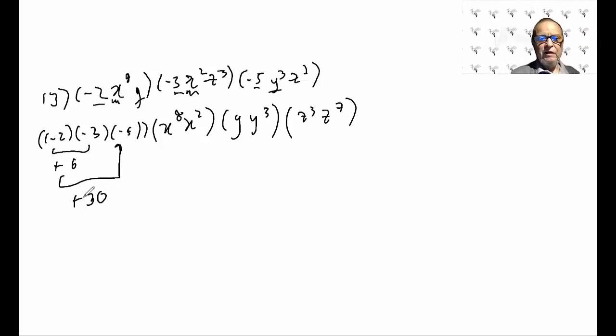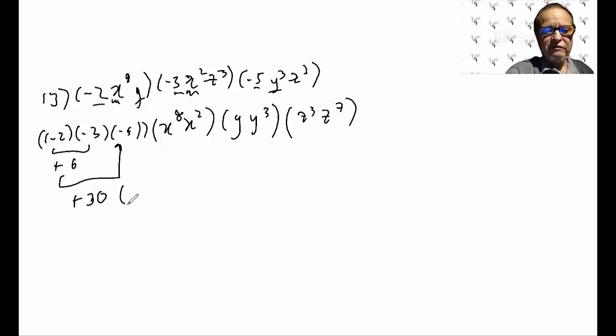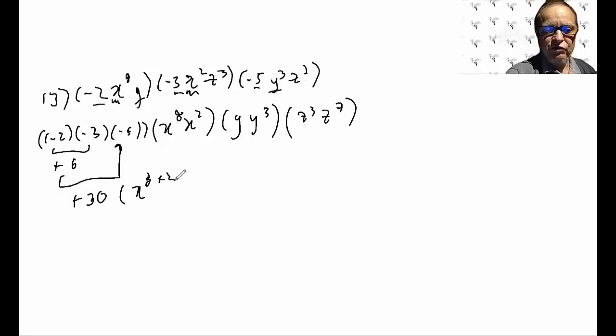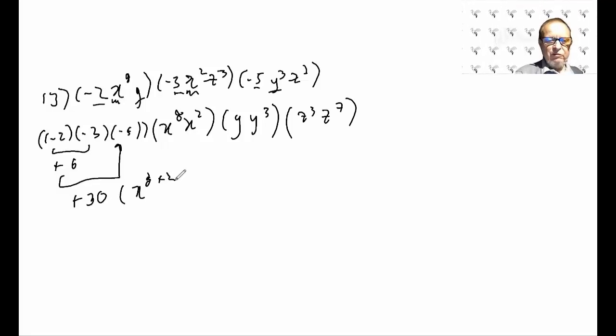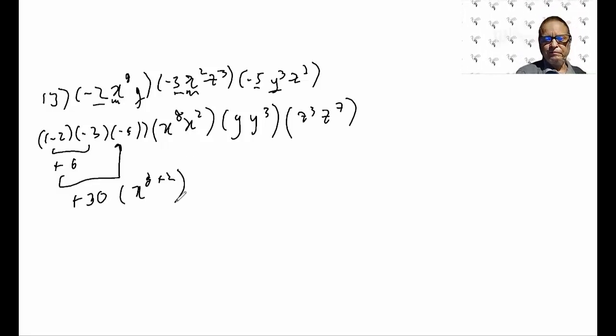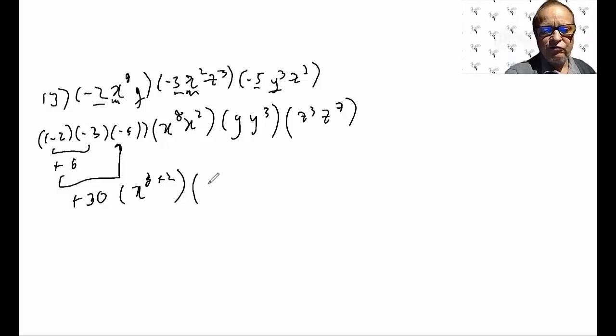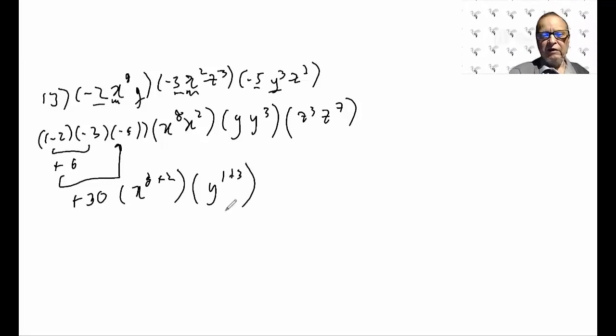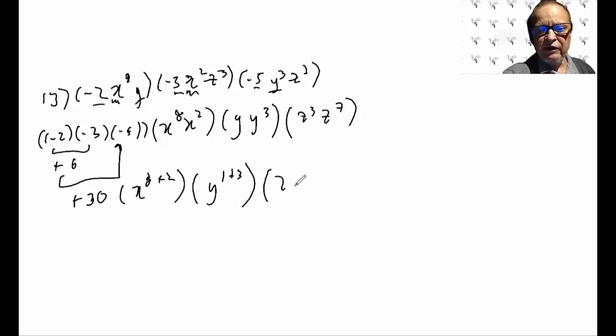Then for my next part, I have x, 8 plus 2 using my product rule. And the next one here, I have y, 1 plus 3. And finally, my z's, I have 3 plus 7.